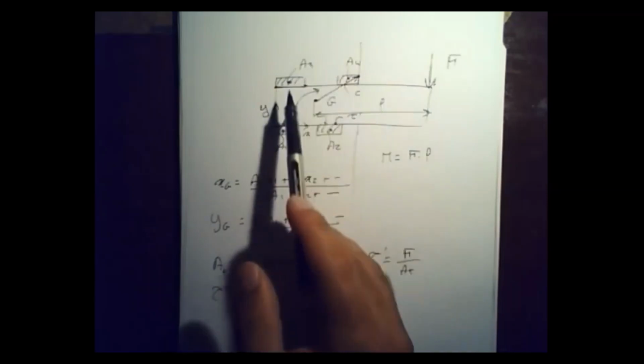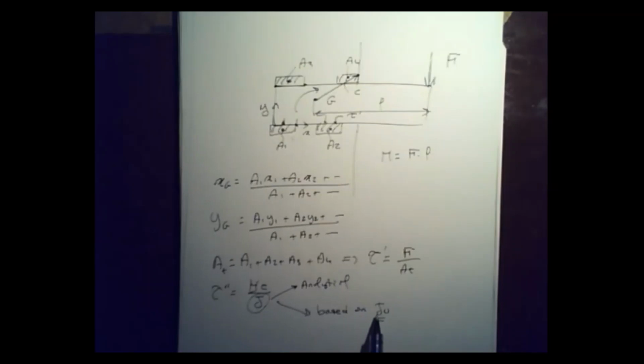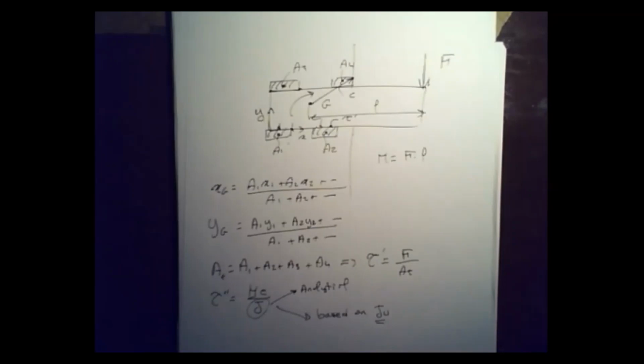Let's first go over the analytical method, and then the other way based on JU. So based on the dimensions of this cross section, I should be able to find the analytical polar moment of inertia, or based on a table, which I'm going to show in a second, we're going to find J based on this value JU, which we look up from a table for standard welding designs.